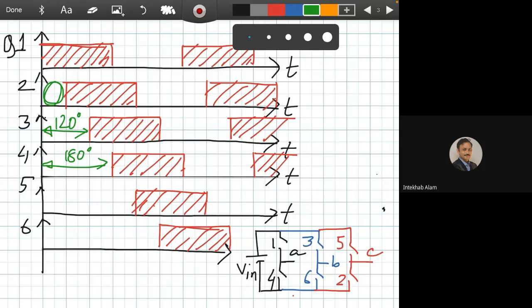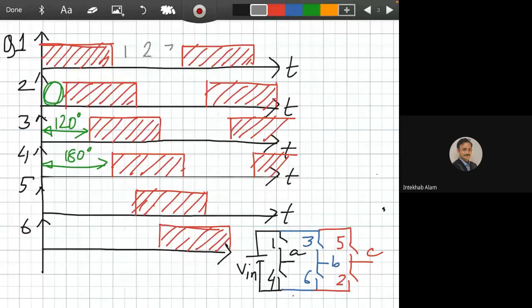You can find one idea that every switch has a gap of 1, 2, 3, and there is also a gap of 1, 2, 3 for the next pulse. 1, 2, 3, again 1, 2, 3.